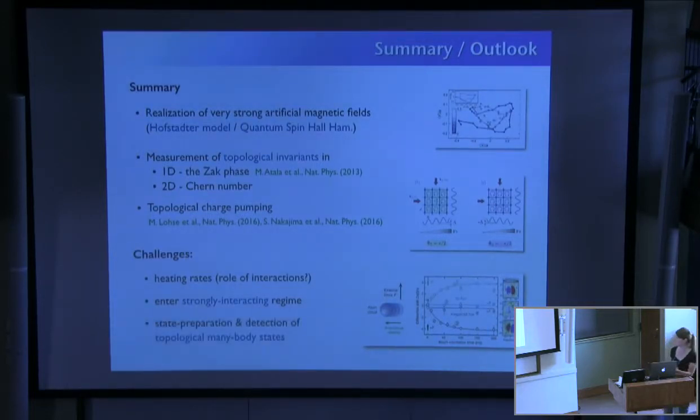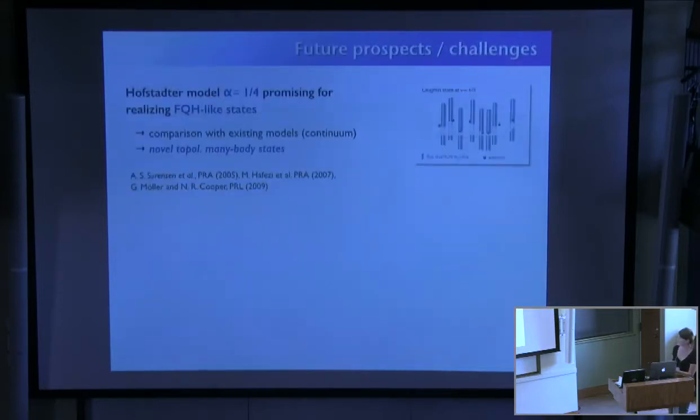But to be a bit more optimistic about that, I want to say that the Hofstadter model for flux 1/4 seems to be very promising in terms of energy gaps, in terms of that we can compare to existing models, meaning that we can compare to continuum wave functions, because the effect of the lattice potential doesn't seem to be too strong yet, but strong enough to maybe study interesting deviations from the continuum limit.